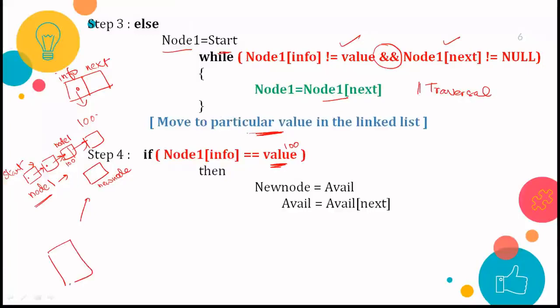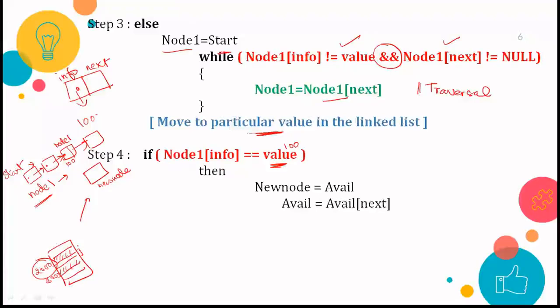So let's say this is your memory. Here we have some set of addresses, let's say 2000, 3000. These are some free locations. So this is a free location, and then this is a free location, and other locations are occupied. Earlier, the new node that we have taken was at the address 2000, right?